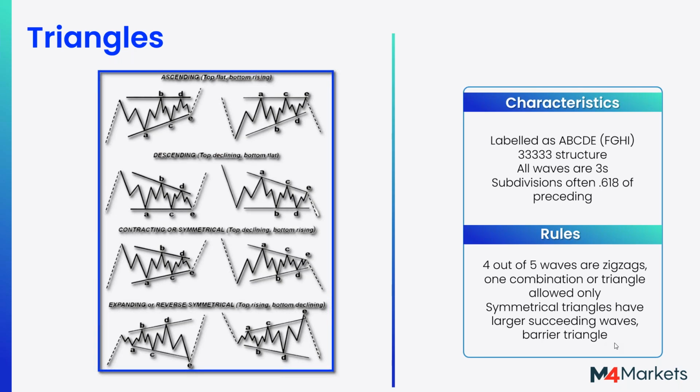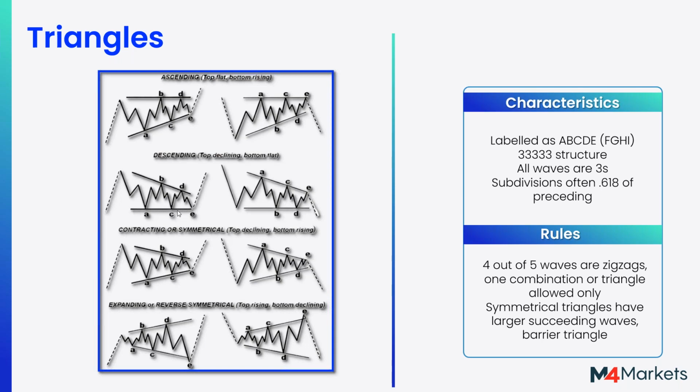And the open variation of the symmetrical triangle should have larger succeeding waves. So as we go in time, as you can see down here, expanding, the waves are bigger and bigger. And in the barrier triangle case, there is no open barrier case, if you know what I mean. So in the barrier case, you just have one of the lines.